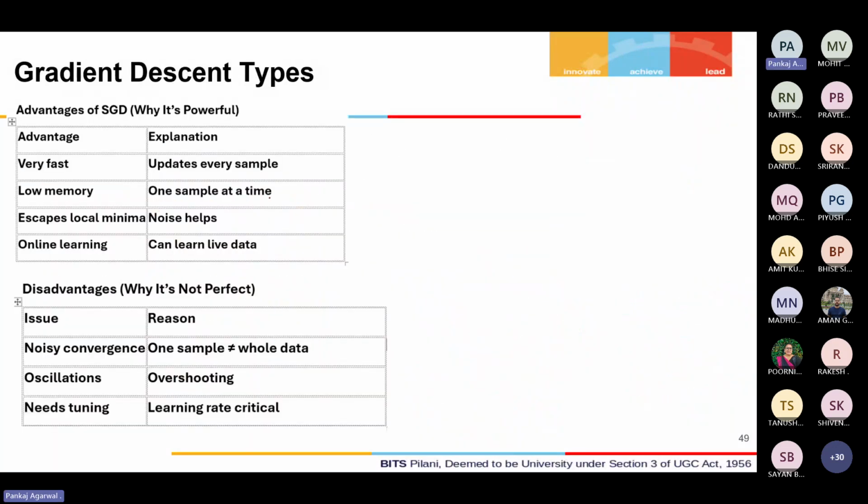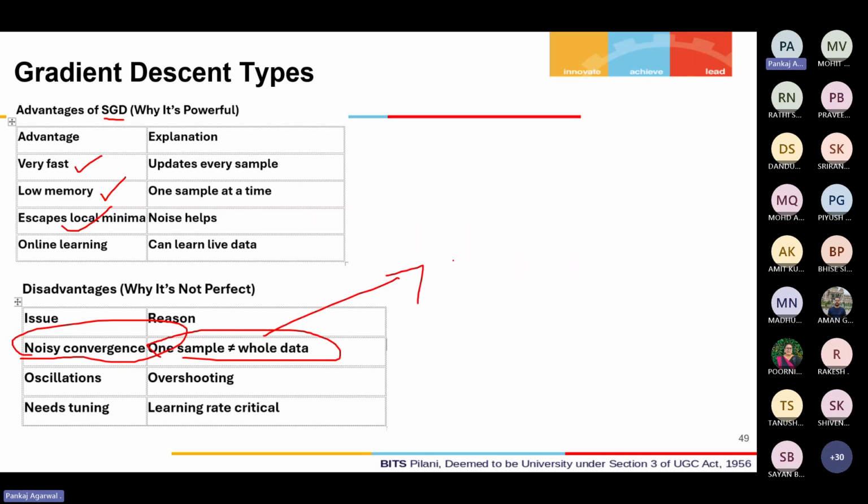So this is a very simple explanation that you can get out of SGD, that updates are very fast, low memory required, right? It escapes the local minimum, right? And learning is happening live, right? You don't have to intervene in between, it happens automatically. Issue is the noisy convergence. One sample is not at any point of time a representative of the whole data, right?